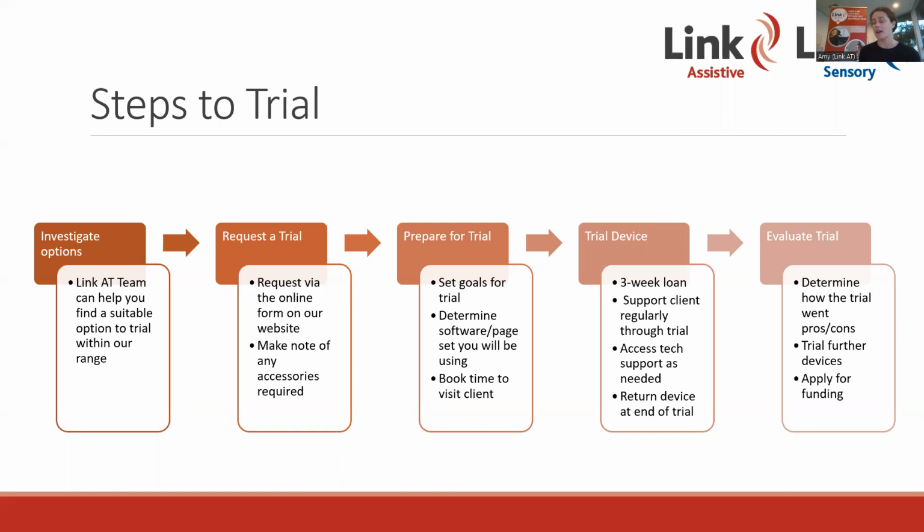And that's where your suppliers can help you, offer tech support, offer the training and the setup that we need. From there, we evaluate the trial. I think particularly with our control features, maybe one device or software offers us more than something else. Maybe it doesn't quite work as we'd expected it to. We might need to trial further devices, or we might be good to go and starting to apply for funding.